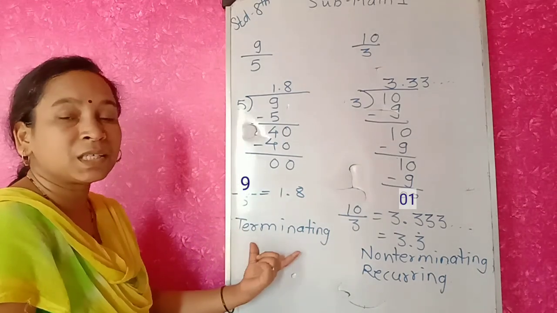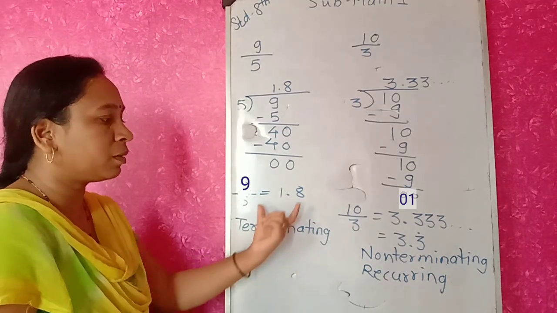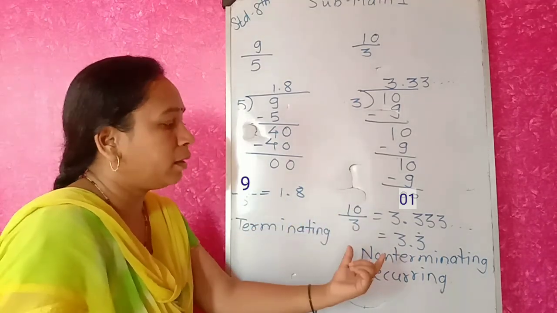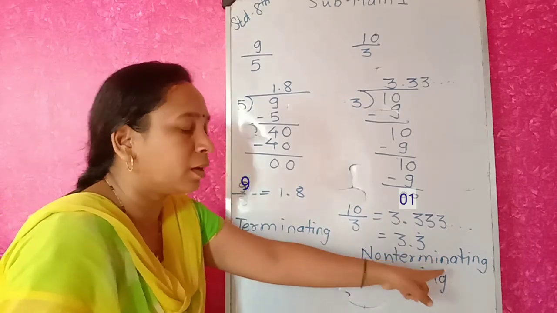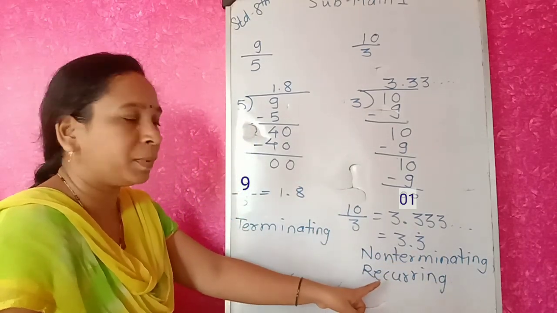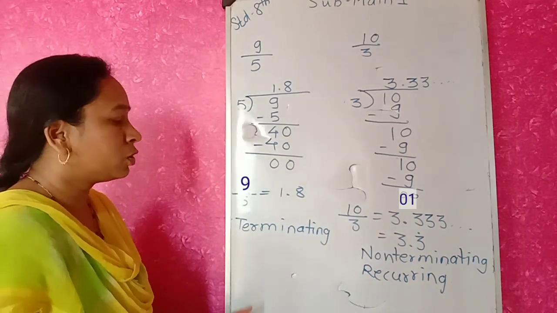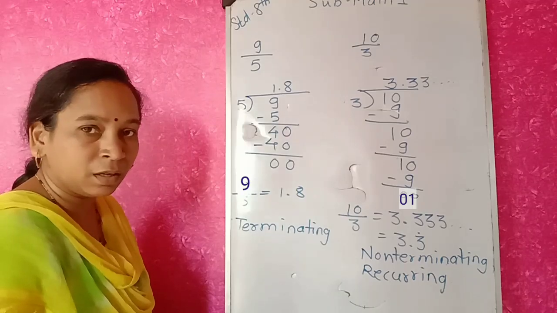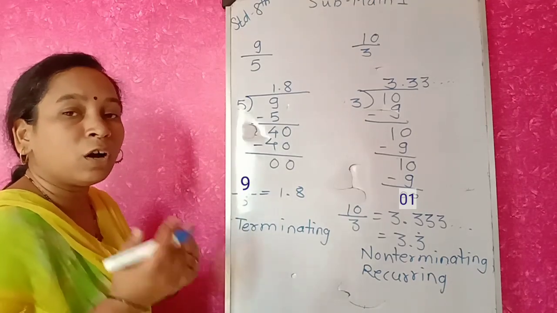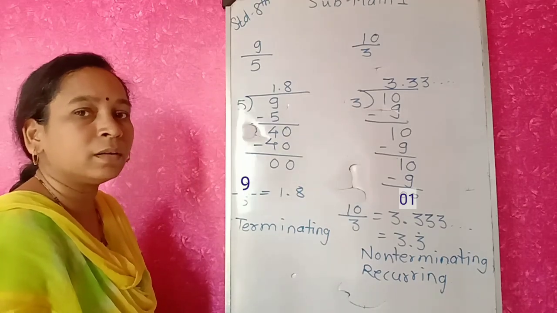Numbers which are terminating are rational numbers, and numbers which are non-terminating but repeating are also rational numbers.